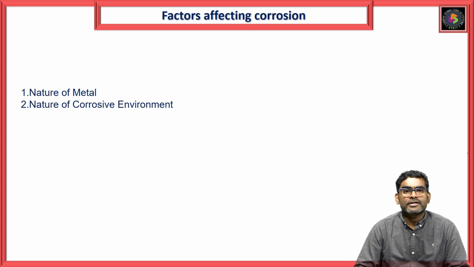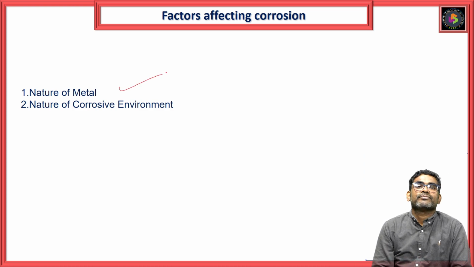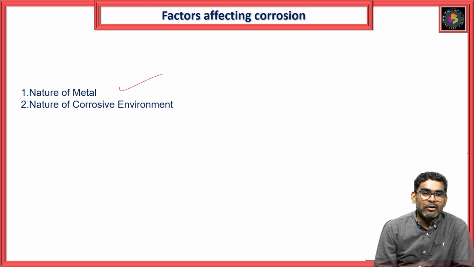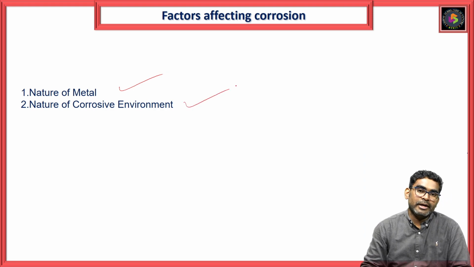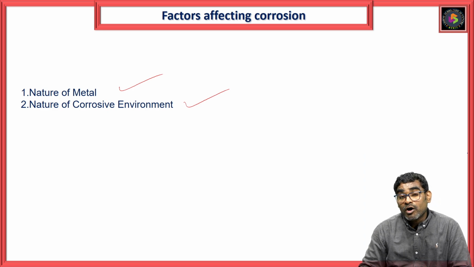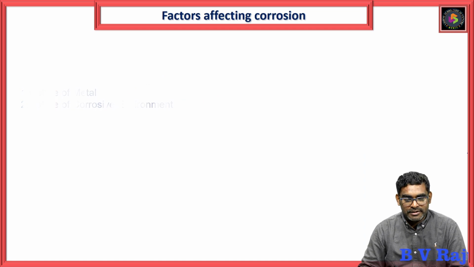Number one is the nature of metal, what type of metal we have. The other one is the nature of the environment, meaning in what corrosive environment it was placed. Okay, so let us go in detail. Let us start with the first, nature of metal.